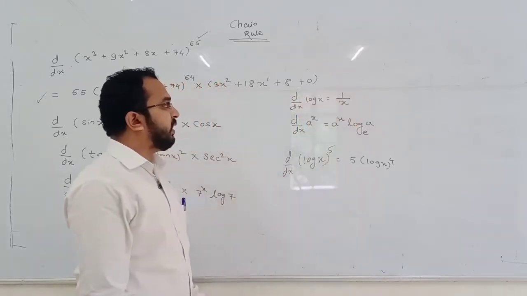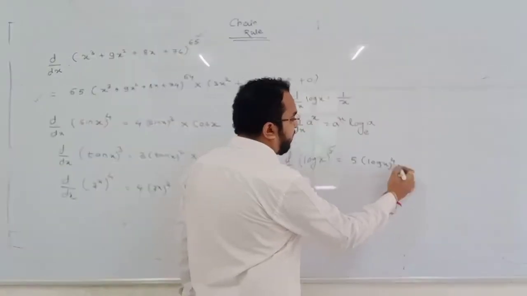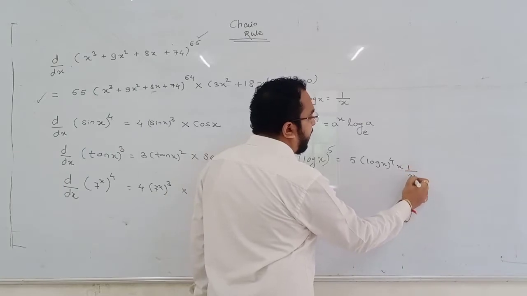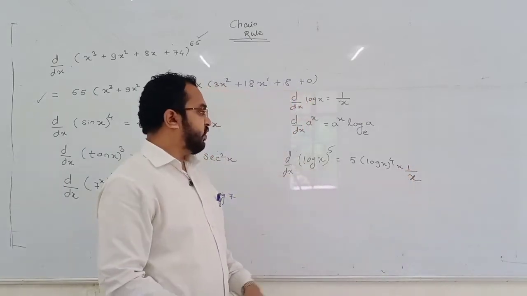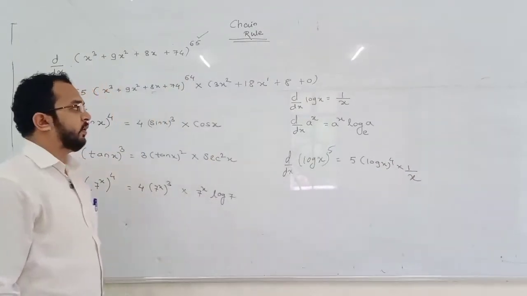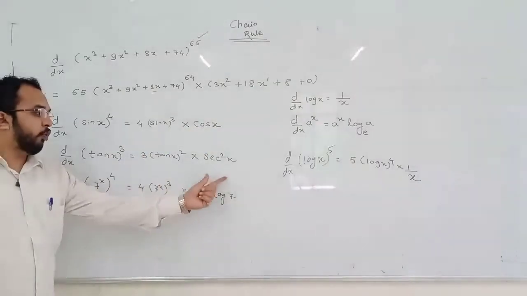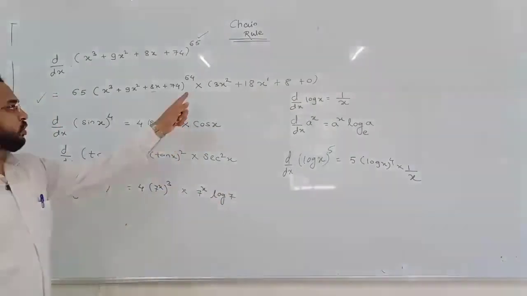Differentiation of log something is 1 upon something. In chain rule, we are going to multiply the differentiation in the product, 1 upon x. Okay. So now you see, here a product is made, here a product is made, here also there is a product.